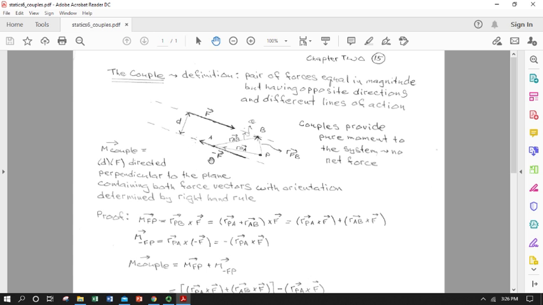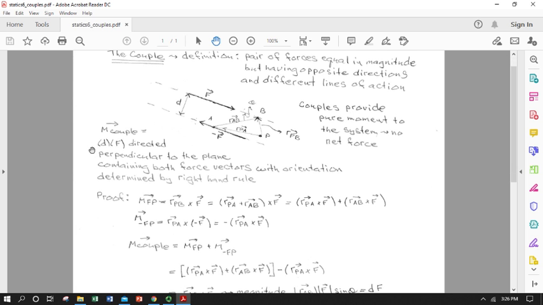They're pure moment generators. And if we wanted to say, well, how much torque does it produce, or what is the magnitude of the moment due to the couple, you might have studied in physics that you could write a formula for that and say that this would be equal to the distance between them, d, shown here on the figure, between the dotted lines of action, and the magnitude of any one.